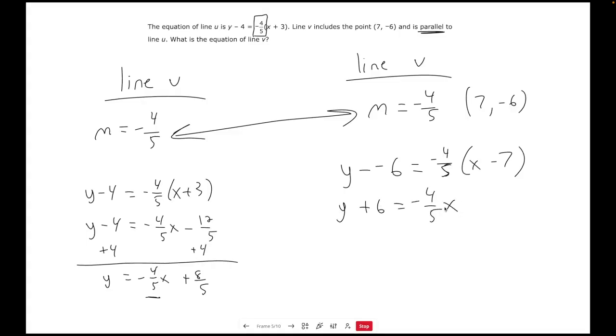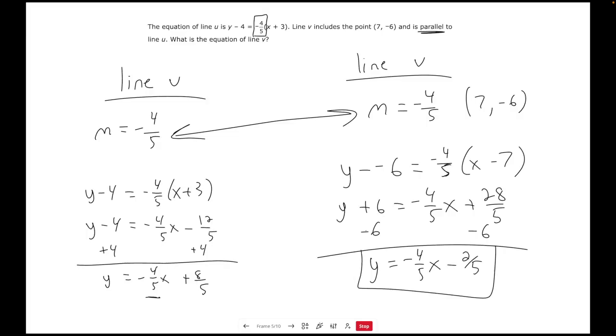And let's go ahead and distribute as well. Minus plus 28/5. Now we do -6 on both sides. And we end up with, all right, here is the final answer. So pay attention to what form you start the problem with.